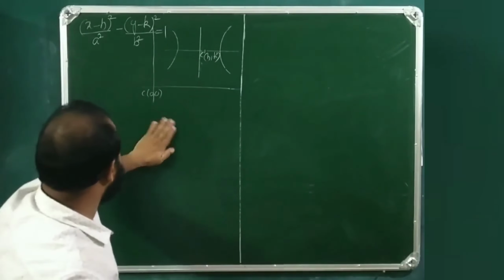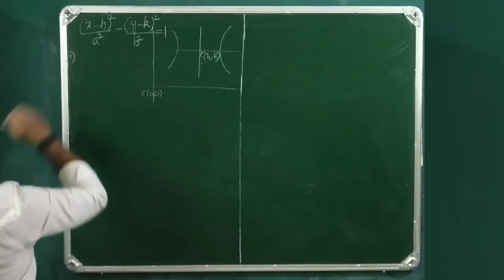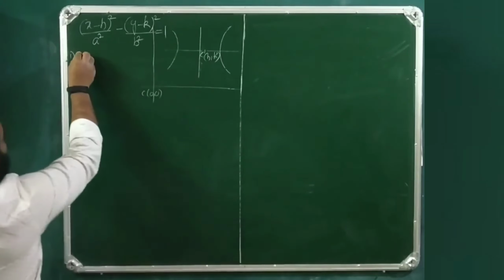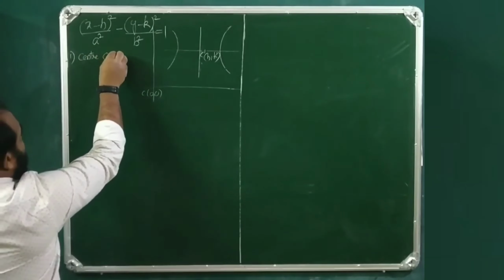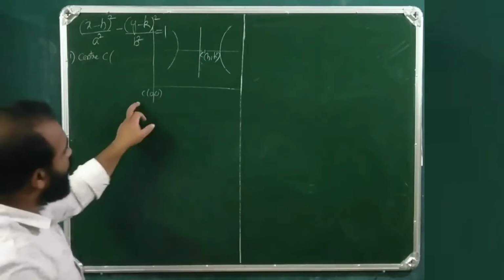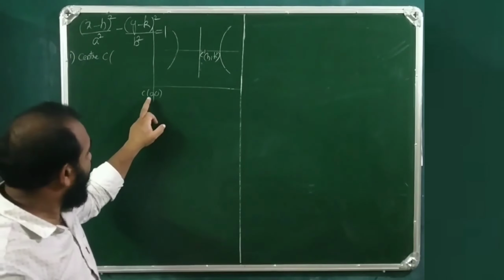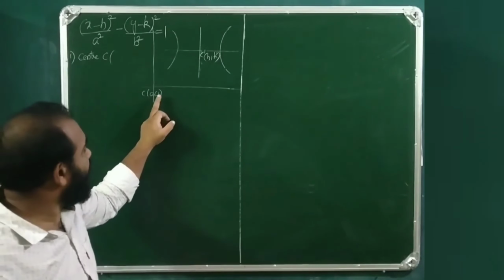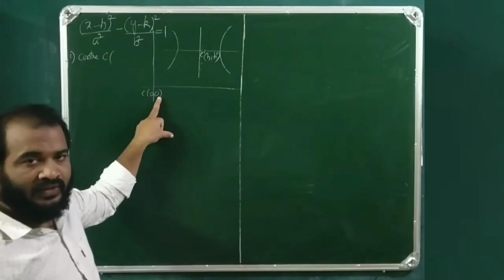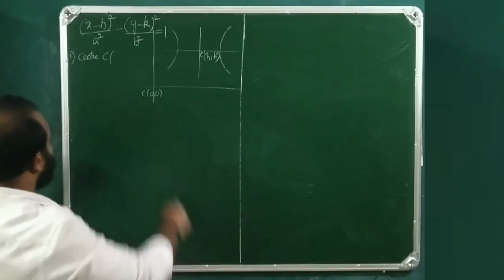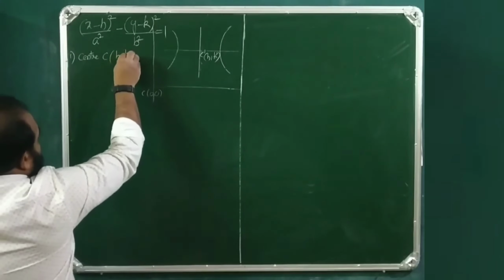So for this, the center C: earlier it is 0, 0, now with the x coordinate h added and with the y coordinate k added. That is what we have learnt in the transformation of axes. C is h comma k.